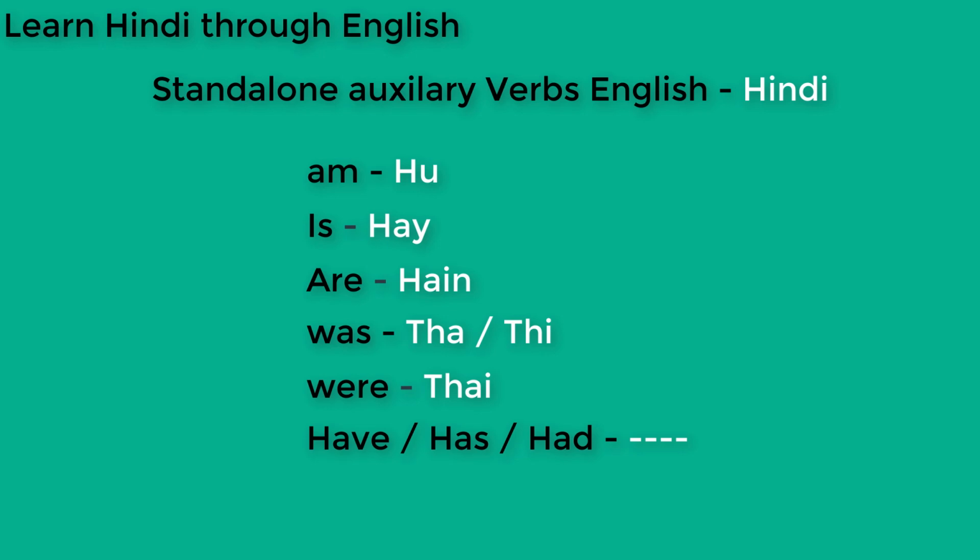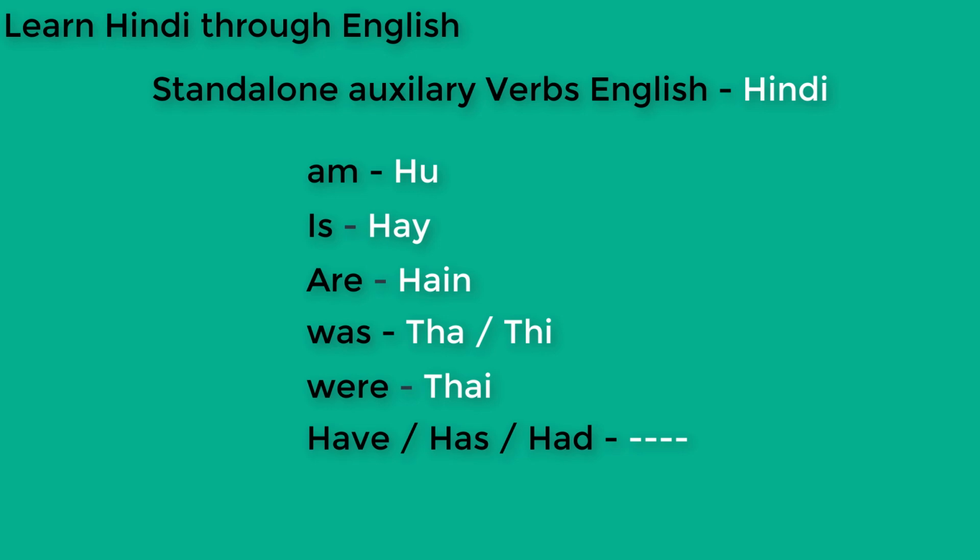Standalone auxiliary verbs are the auxiliary verbs which are not necessary to combine with a main verb or with other auxiliary verbs, such as am, is, are, have, has, was and were. These auxiliary verbs are called standalone auxiliary verbs. Let's see the meaning of these words in Hindi. Am, hoon, is, hai, are, hain.